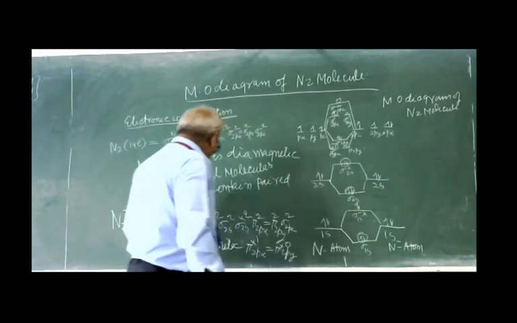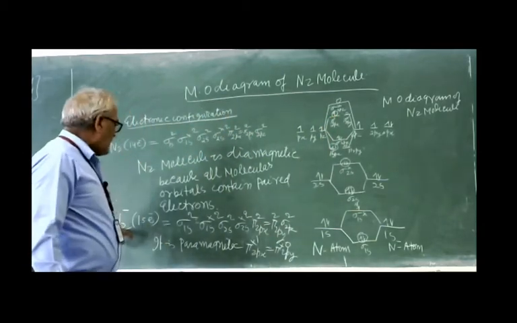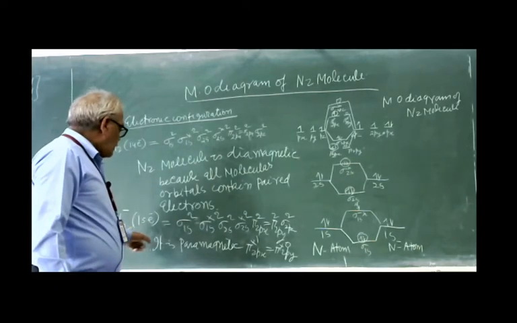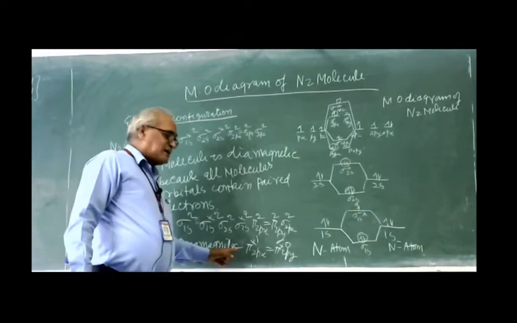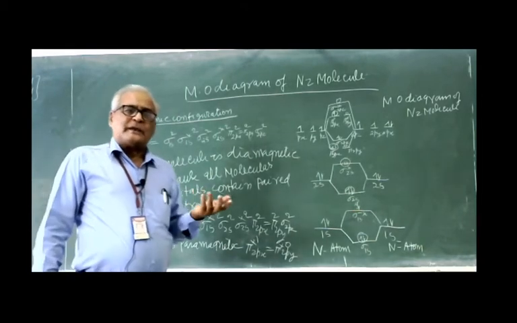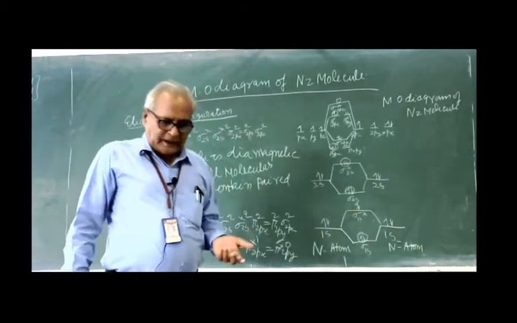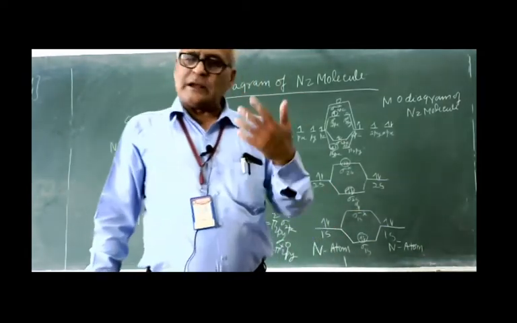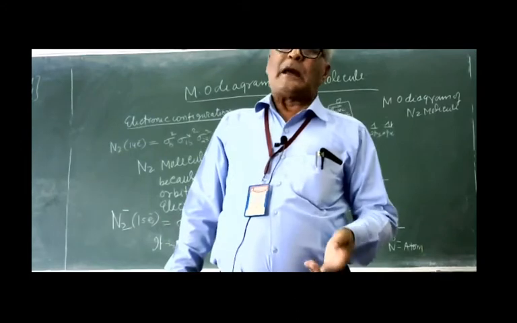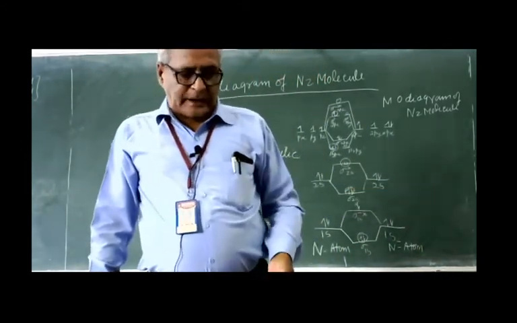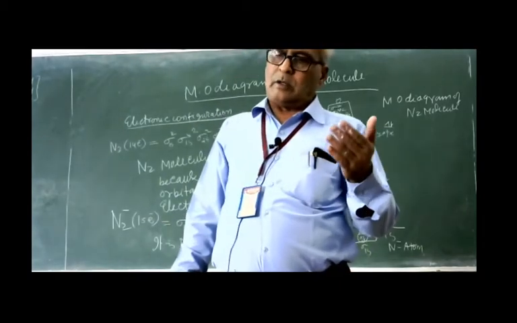So this is the unpaired electron, therefore we can say the N2 minus molecule ion is paramagnetic in character. In this way, very easily we can explain the magnetic behavior of molecules or molecule ions like nitrogen and the nitrogen molecule ion.